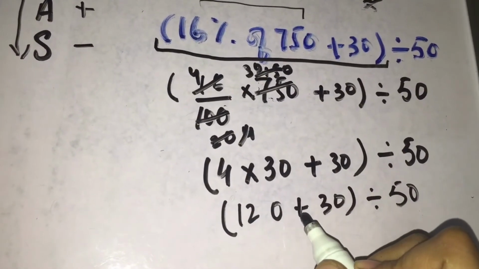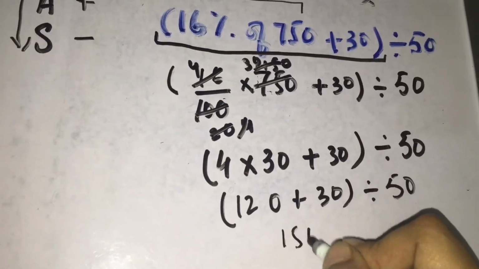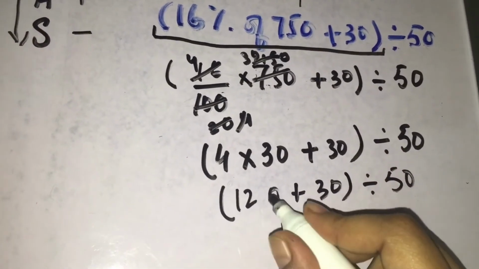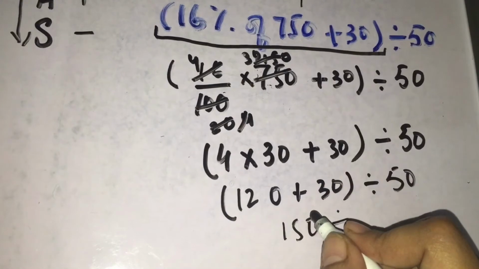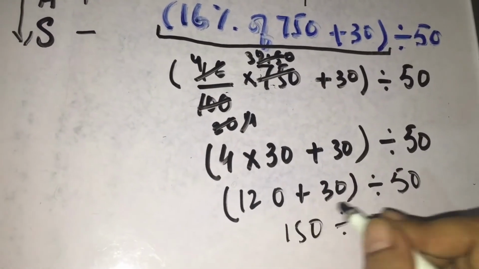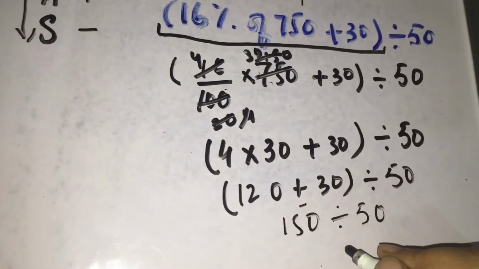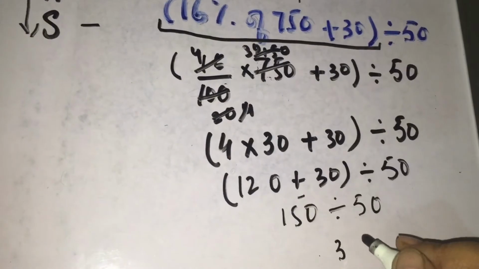And here is addition. So 120 plus 30 is 150. Then finally there is no operation left inside the bracket, so I will not put a bracket here. 150 divided by 50 is equal to 3.